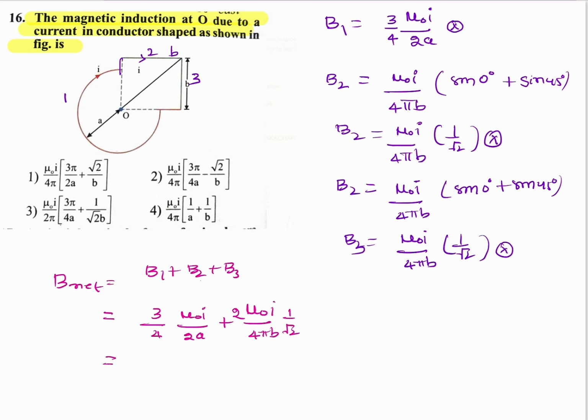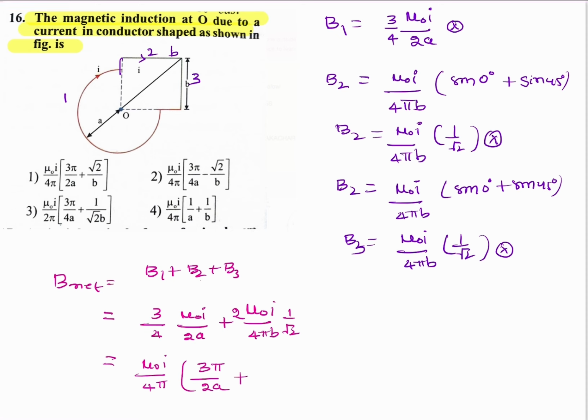This one we can write as follows. If you take mu naught I by 4 pi as common, we can write 3 pi by 2a plus, with mu naught I by 4 pi common, 2 by b root 2.